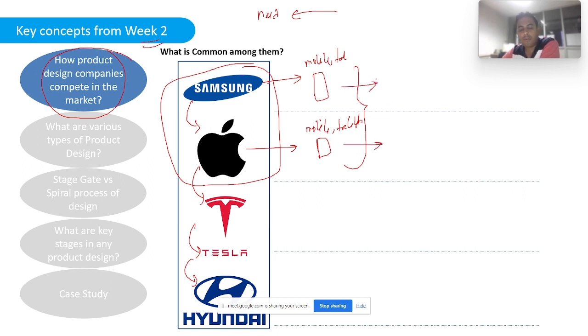So it's more about how these companies actually evolve. If you see their evolution from 2011, Samsung started their phones a little later than the iPhones. When the iPhone was first released, Samsung did not have a concept.